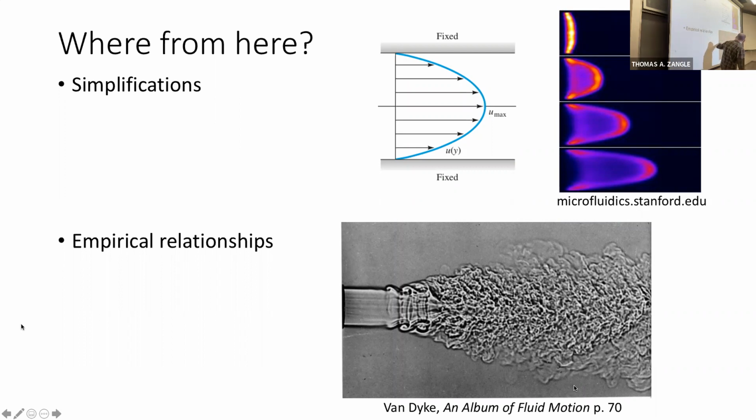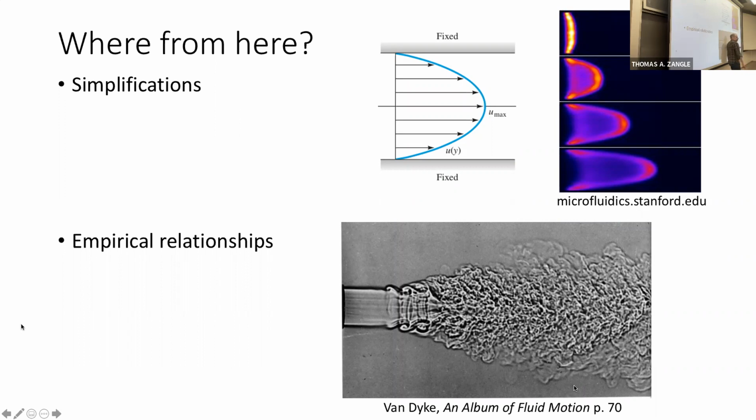where we can see this jet break down into this mess, and this is turbulence. What we're seeing here is characteristic of turbulence. We'll talk quite a bit more about this in the coming weeks, but one of the key features of turbulence is this structure that you see here.